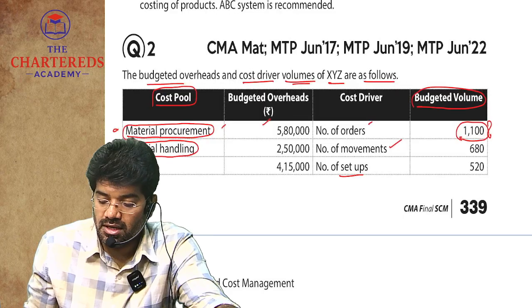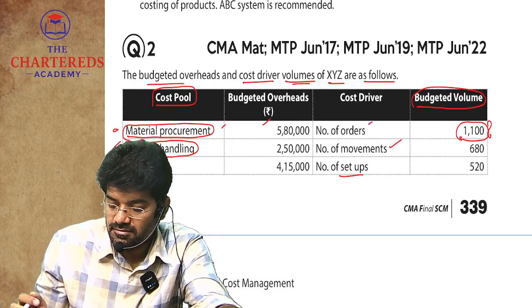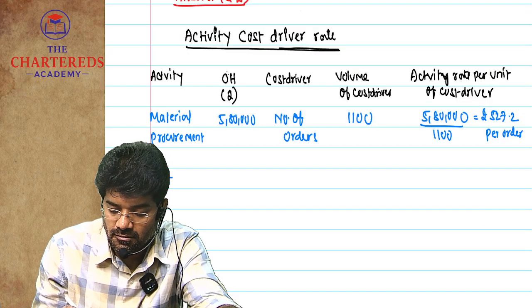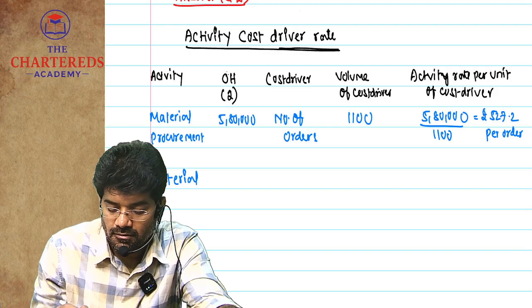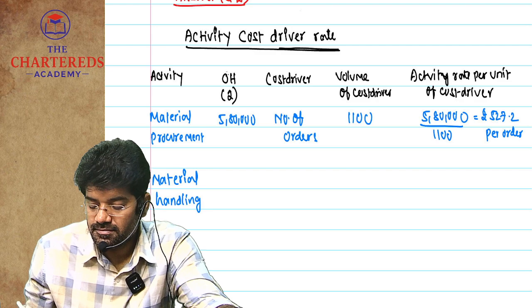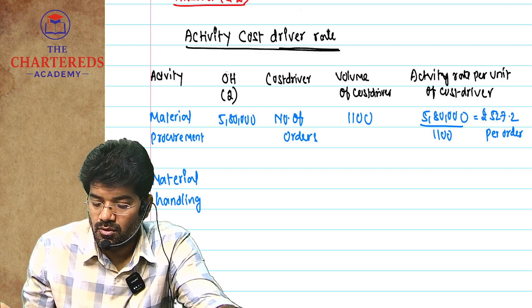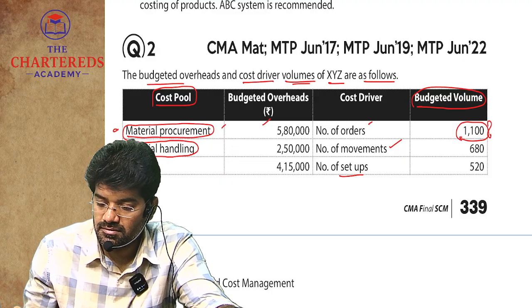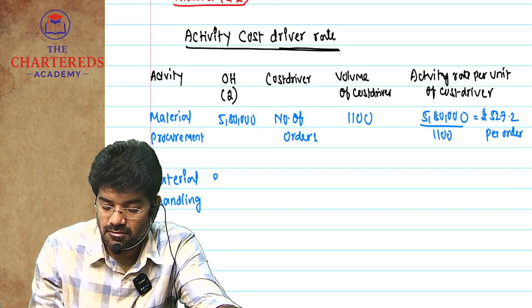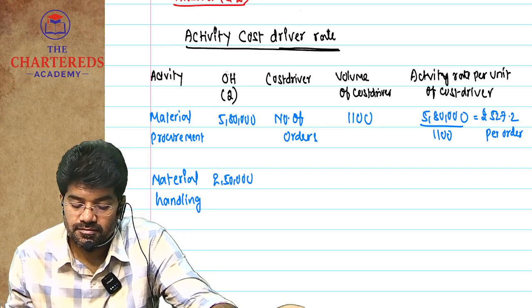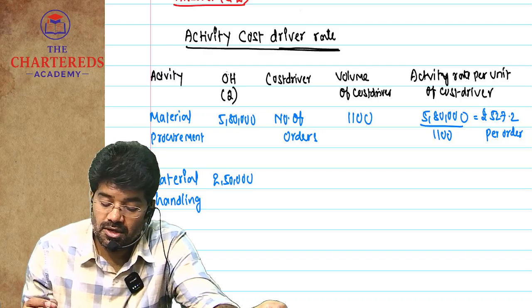Next, second activity is material handling. What is the material handling amount? Budgeted overheads 2,50,000. What is the cost driver applicable for material handling?